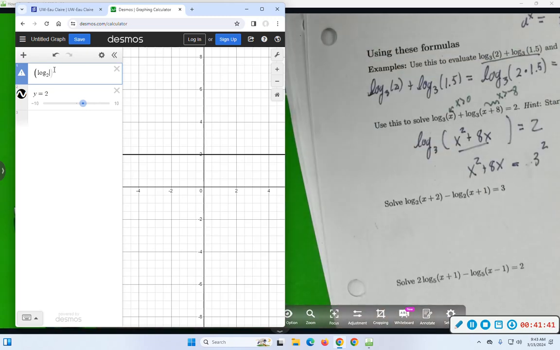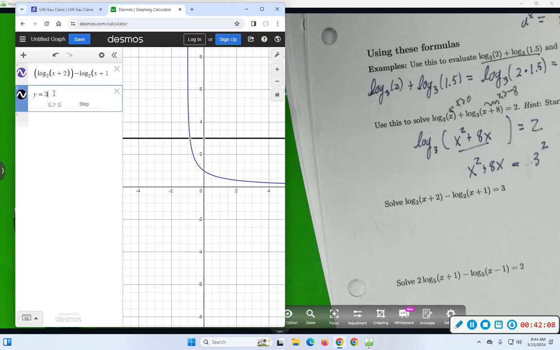So let's graph this. Log base 2 of x plus 2, minus log base 2 of x plus 1, and I would like to know when y is equal to 3.